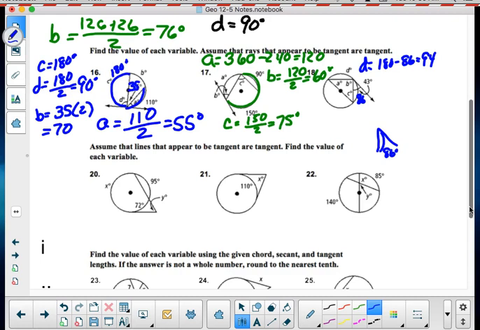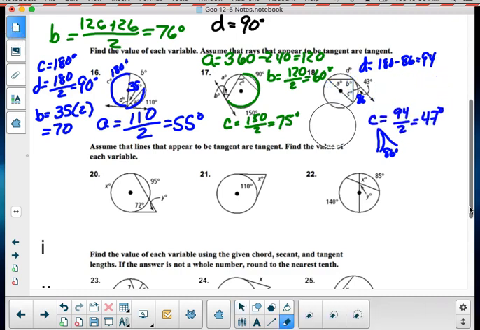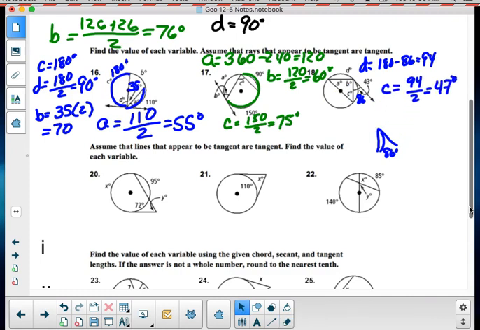That means C is half of that 94. So C is half of 94, which is 47 degrees. Now, I'm going to get rid of that blue so you can see some other things I'm going to point to.